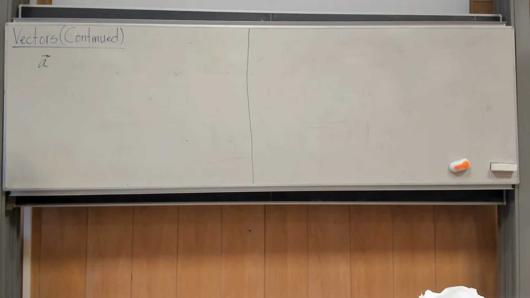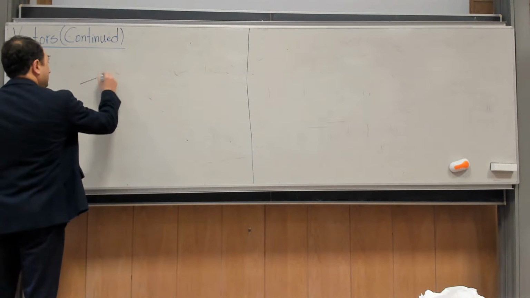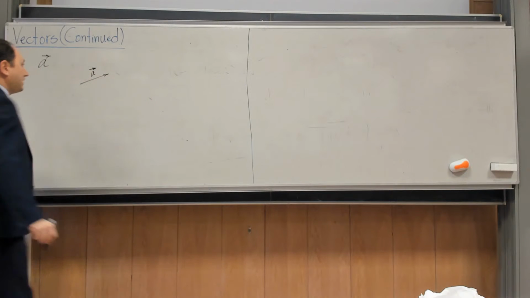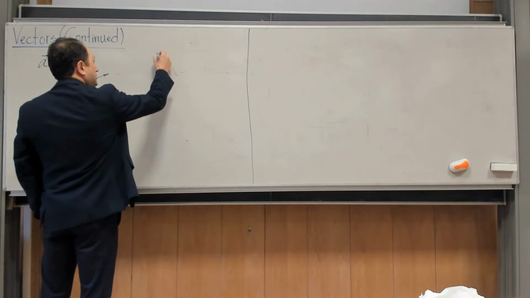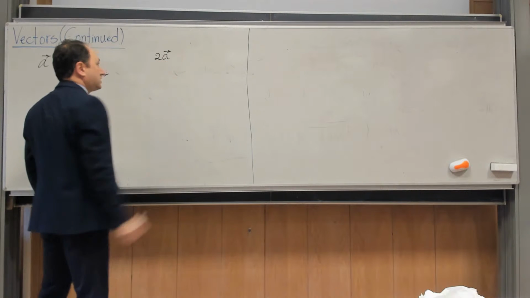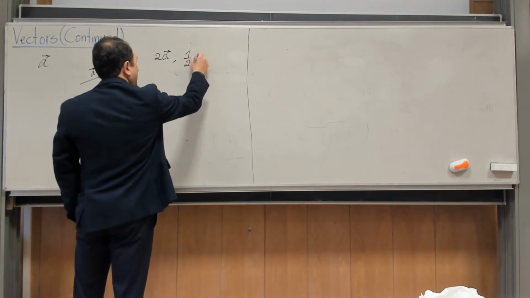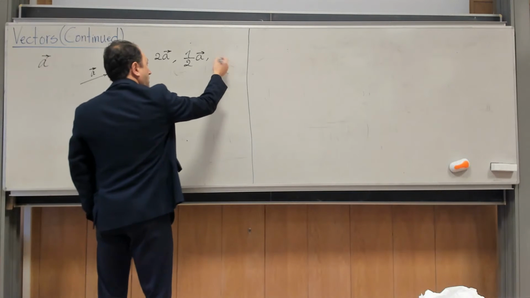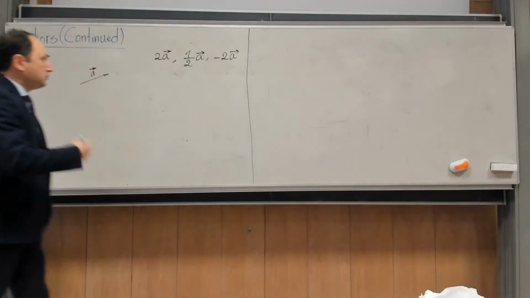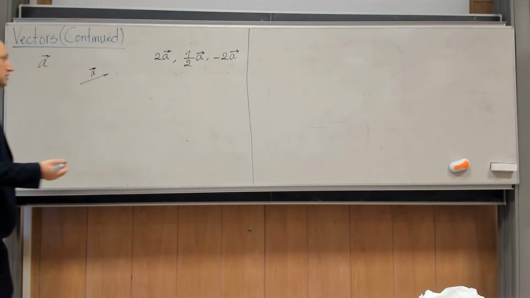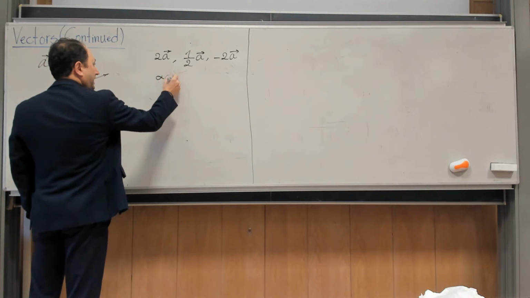Okay, so if I have a vector, it means that I have a directed line segment. For example, this, I can call it vector A. I have already talked about how you can construct 2 times vector A, how you can construct 1/2 of that vector A, or how you can construct minus 2 times A. In principle, I want to talk about this topic, how you multiply a number by a vector.